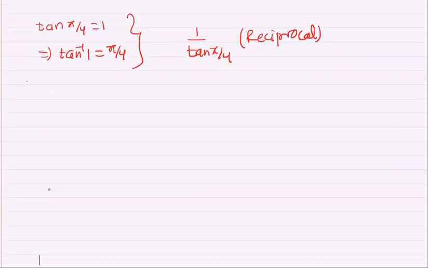Okay, now this is the second thing. Now there are two terms. First of all, discussion of inverse function. First of all, the one-oneness or one-one function. If the function is one-one, then what is the criteria?